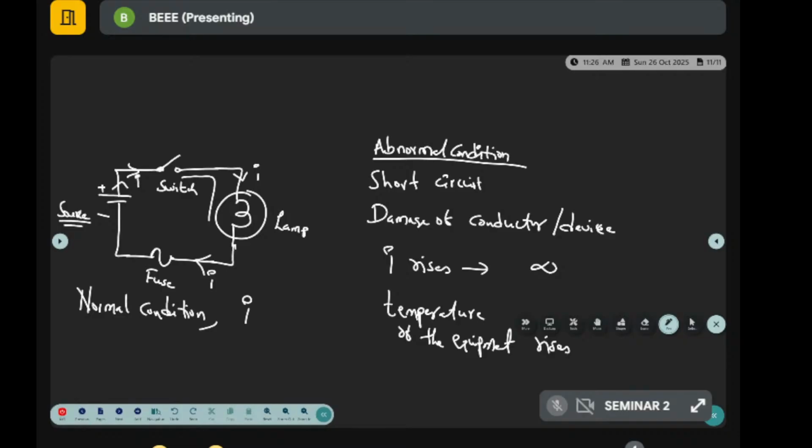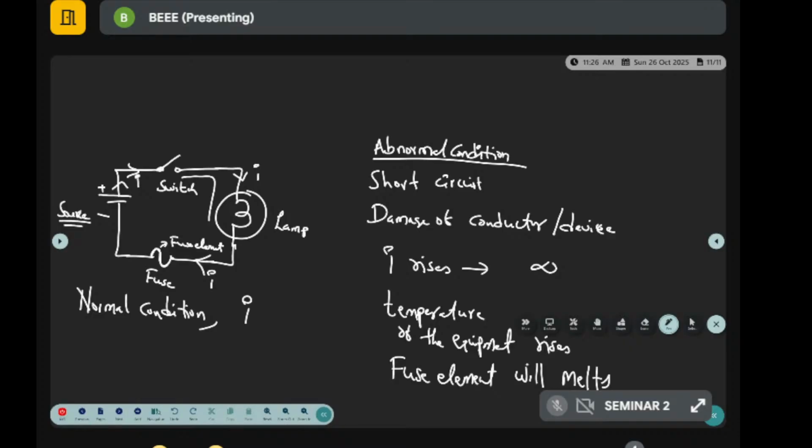Whenever the current rises, this fuse element is there. This is called a fuse element. Before the temperature of the equipment rises, this fuse element will get melted.